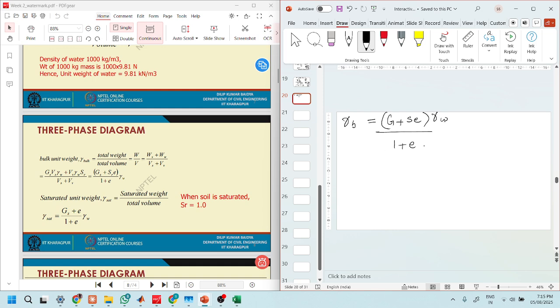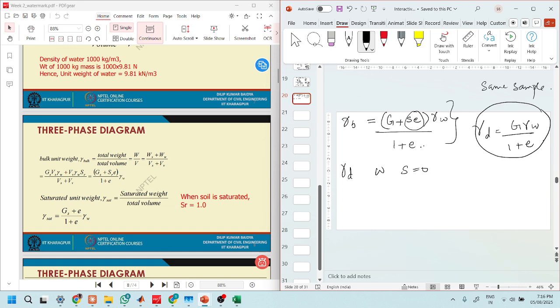So we can arrive at different densities for the same sample from here. We know that in the dry case your water content or your saturation will be zero, and your gamma D will be G gamma W over 1 plus e, which is your dry density.